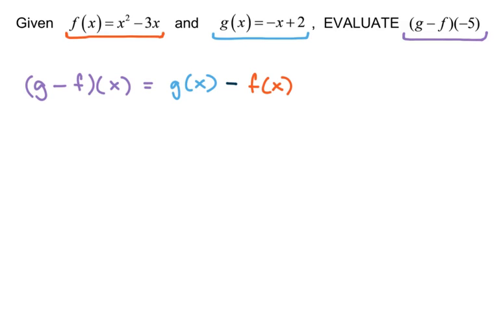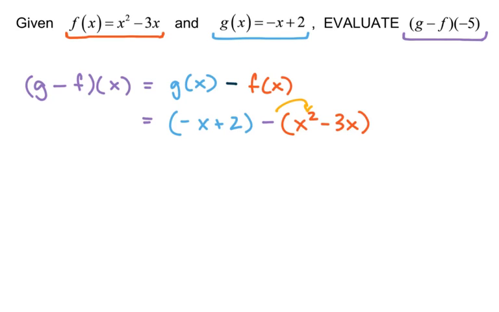So that means if I were finding this new function, g of x is given as negative x plus 2, notice my parentheses, minus f of x squared minus 3x. So I used the parentheses associatively to group these two functions individually.